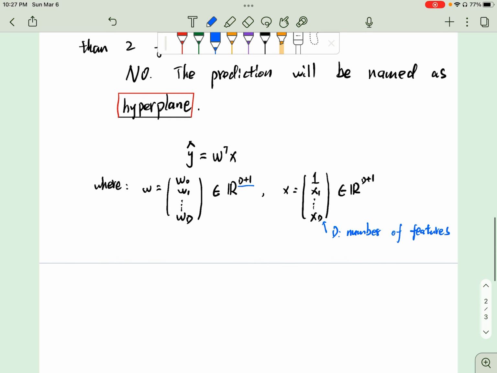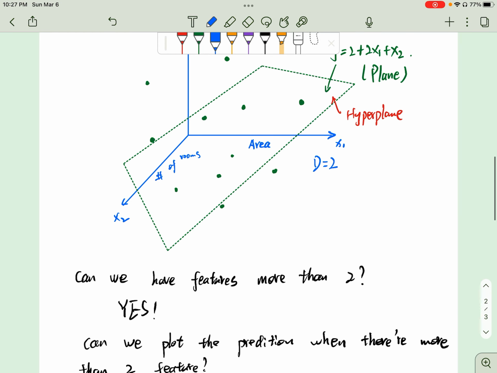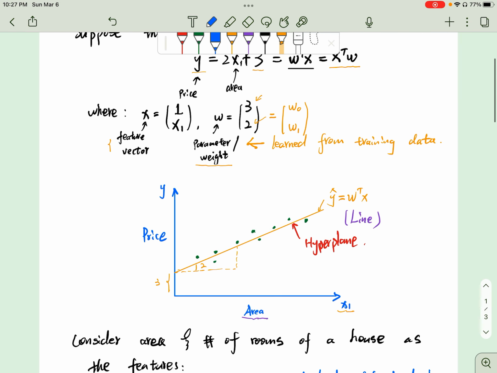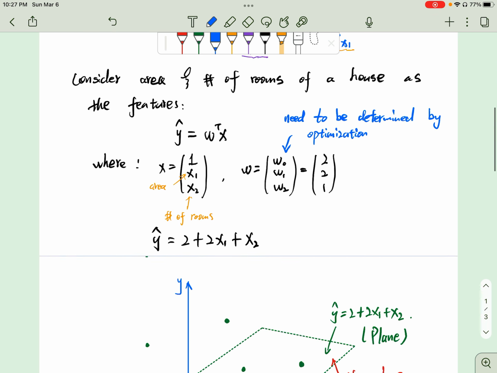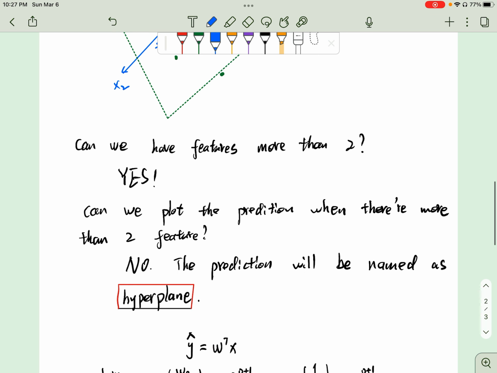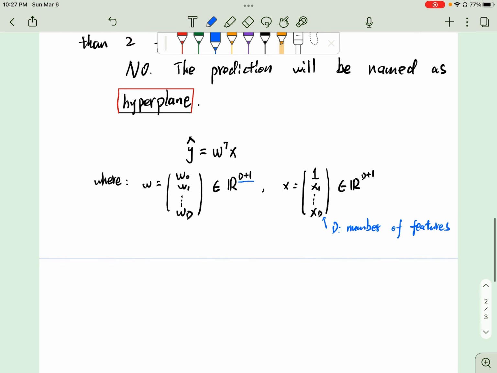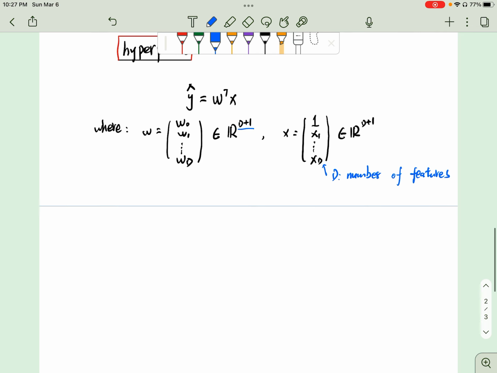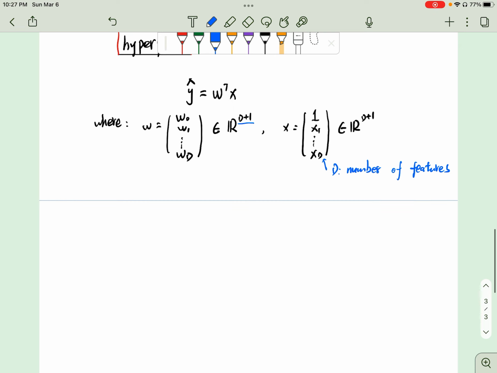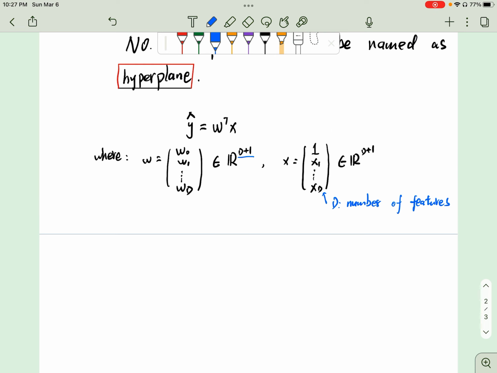Because we have 2 features here. In this one, d equals 1, because we just have one feature. And of course, you can have d equals 3, d equals 10, d equals 1000. So now we have generalized this to any number of features we want.